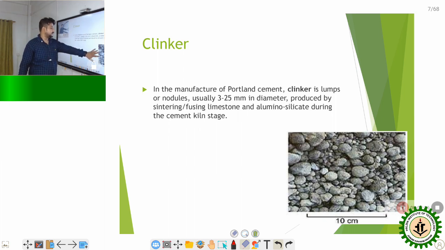Clinker means larger particles, whereas in the cement bag we get finer particles. These larger particles are produced in the cement factory, and we grind them and pack them in a bag. Clinker is mainly 3 to 25 mm in diameter.